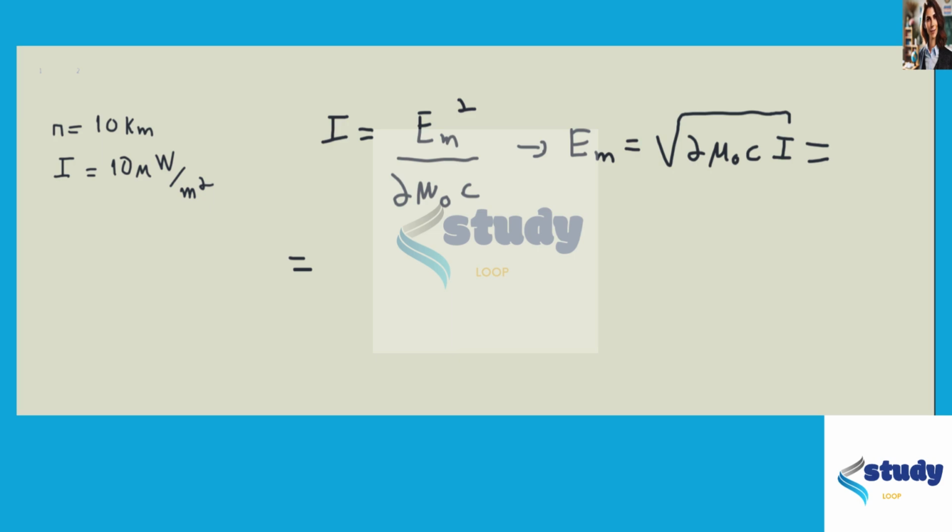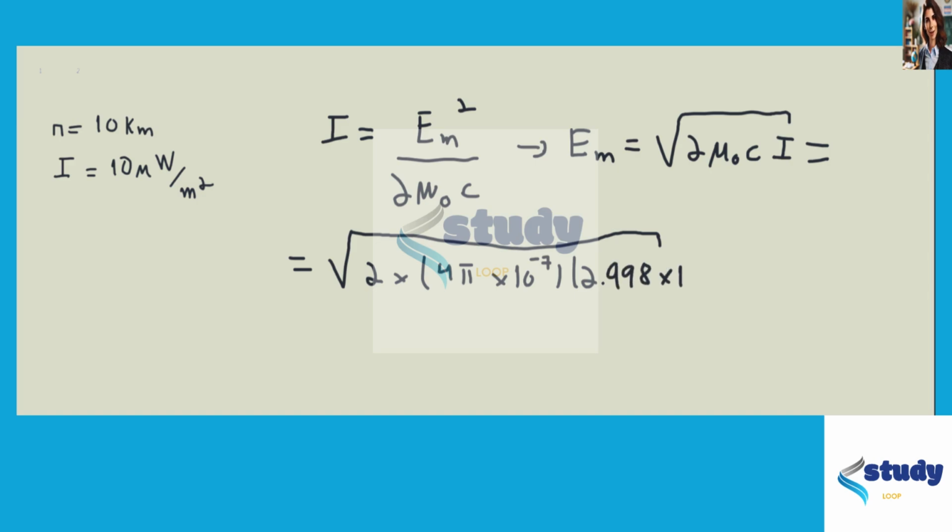This gives us the square root of 2 times 4 pi times 10 to the minus 7. This is the permeability. The speed of light, 2.998 times 10 to the 8.